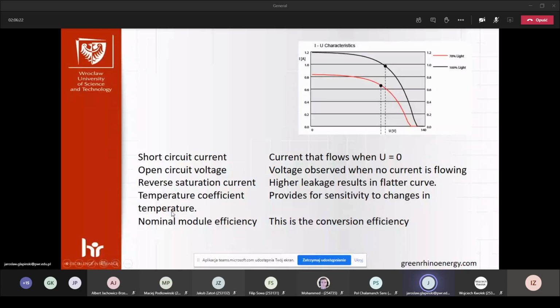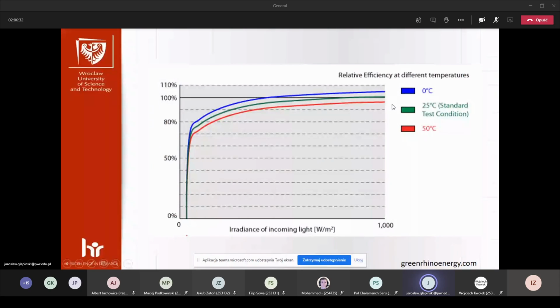We've got the temperature coefficient. That is very important, because if we have higher temperature, we have lower efficiency. As you can see, here I've got some charts of the efficiency of the panel. So if we increase the temperature, we decrease the panel efficiency.